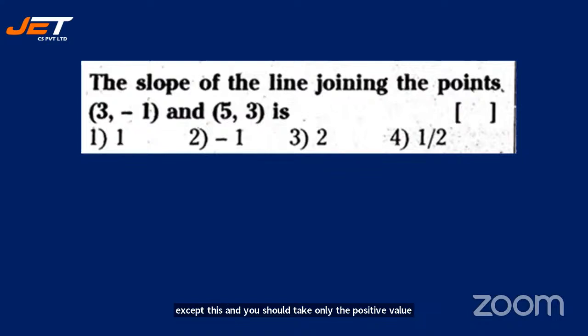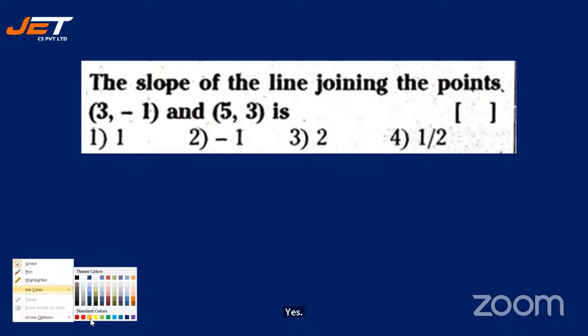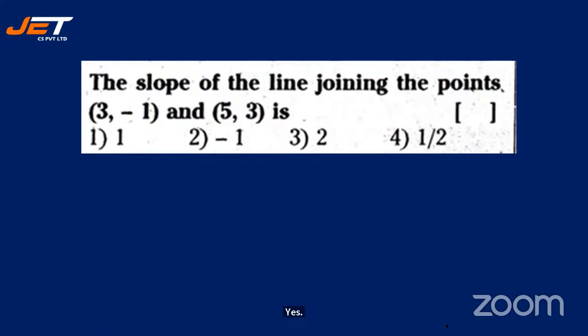Right, see the next one. The slope of the line joining the points is dash. Quickly work out and give me the answer. Don't make mistakes in calculation. Yes, how many are giving me the right answer?